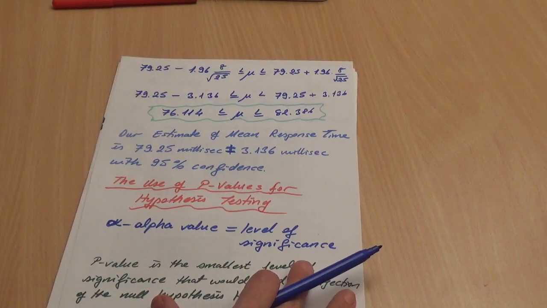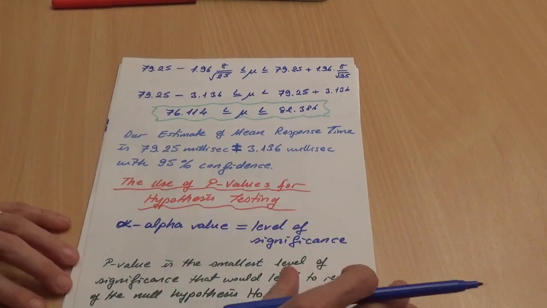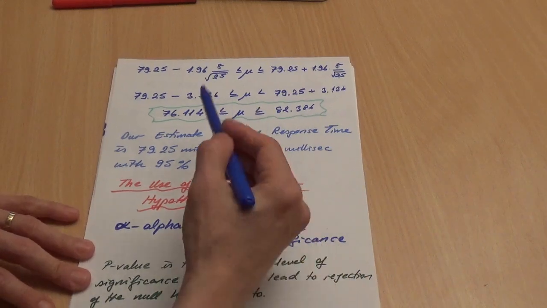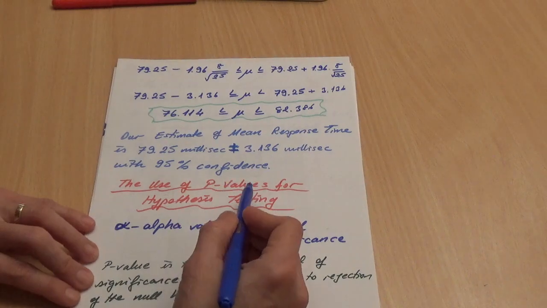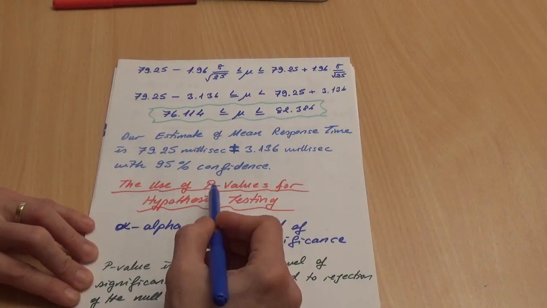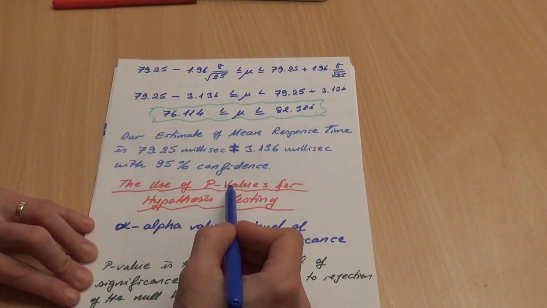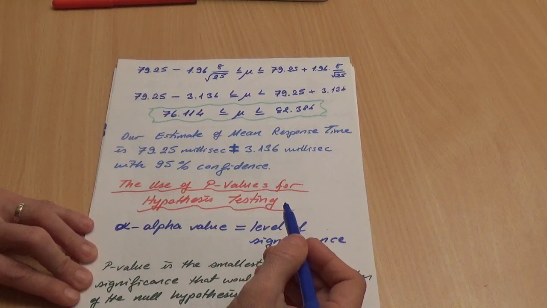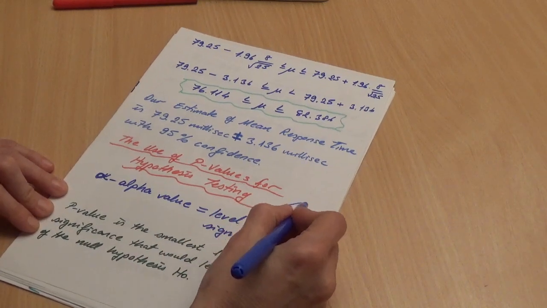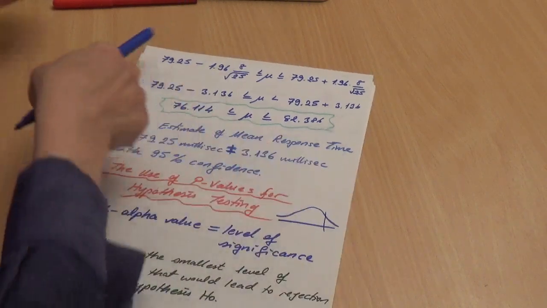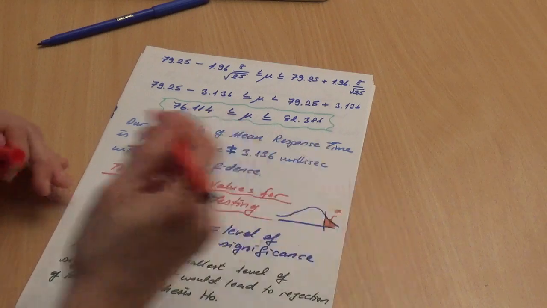Now we can also use p-values for hypothesis testing. I mean, without calculating these results, we can find the p-value and compare this p-value with our alpha value. If this p-value is less than our alpha value, what does that mean? Let's say that it is one-sided and it is alpha.